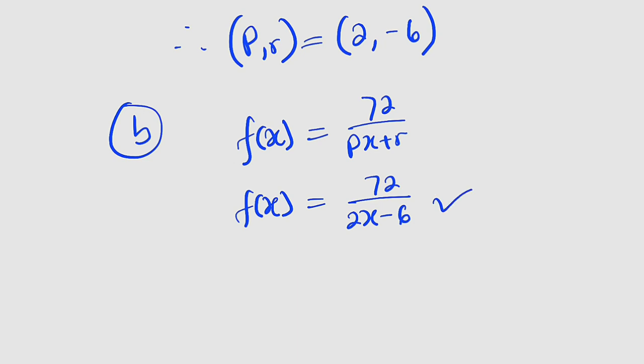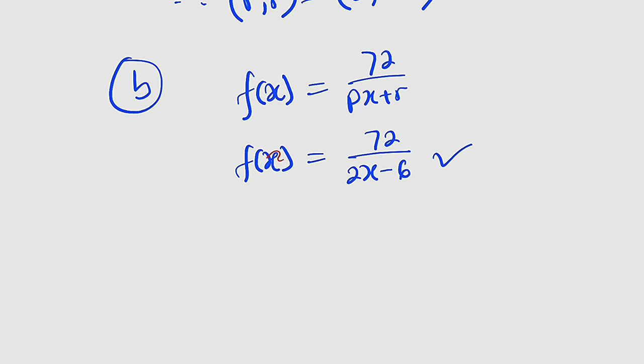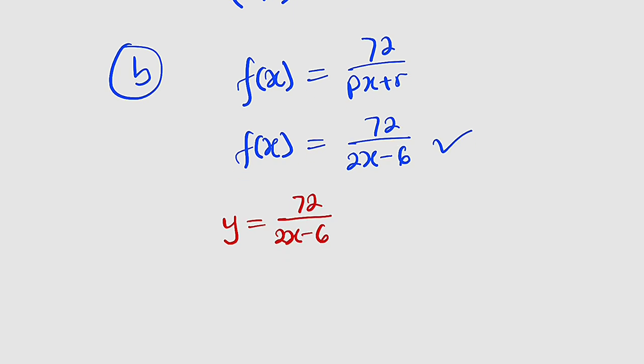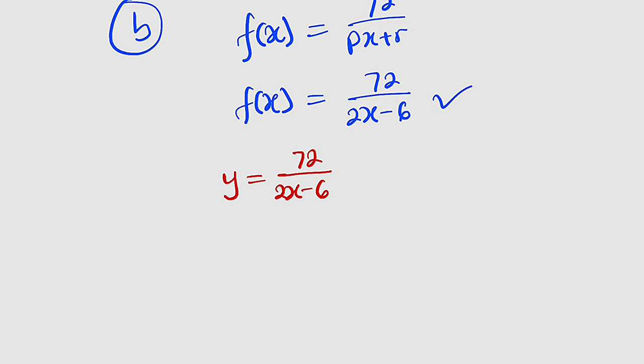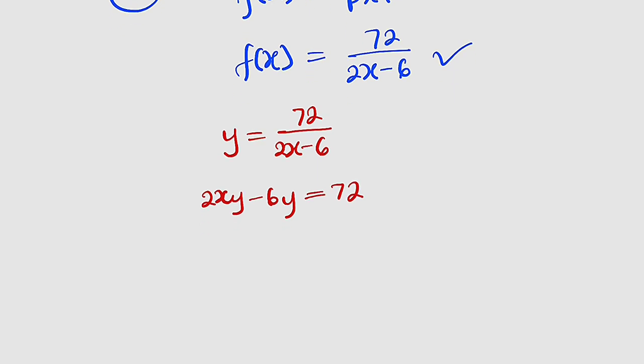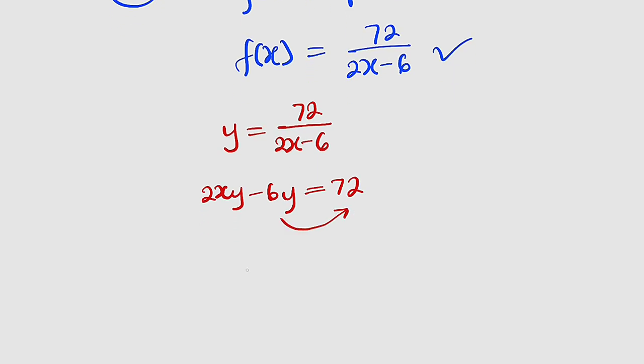Now let us find the inverse before we plug in that 5 divided by 3. First then, we're going to substitute f of x with y. So we have y equal to 72 divided by 2x minus 6. Next, let us make x the subject. Let's cross multiply. Y times this will give us 2xy, and y times that will give us negative 6y. This is equal to 72. Then you take this one to the other side.